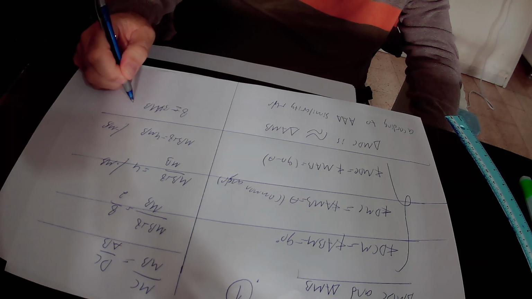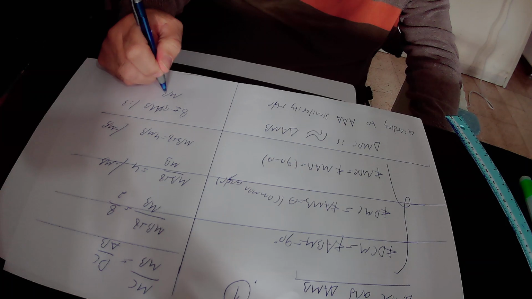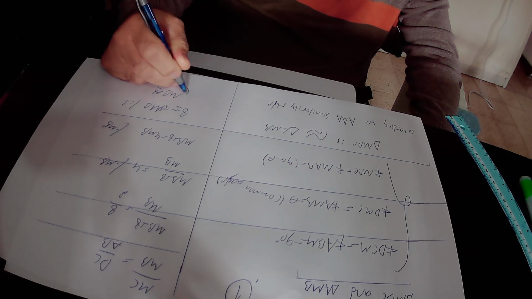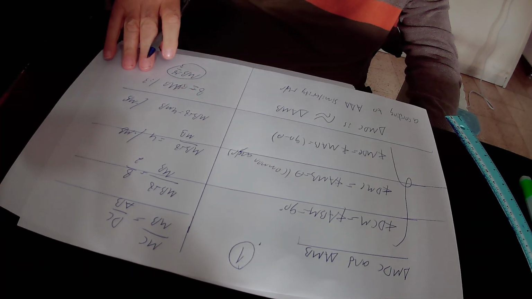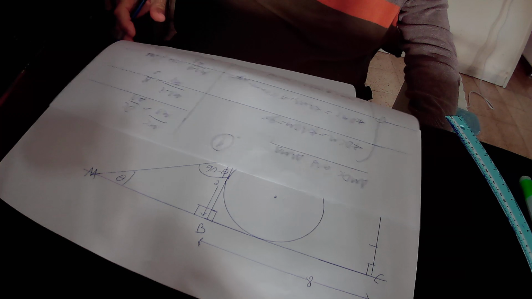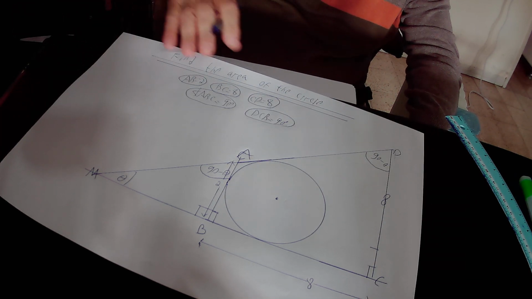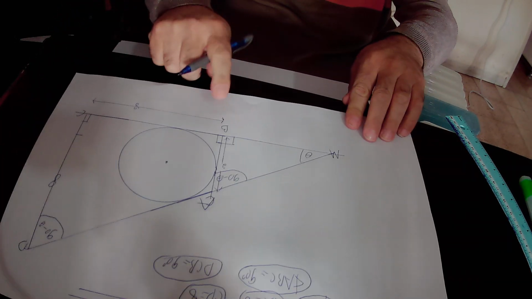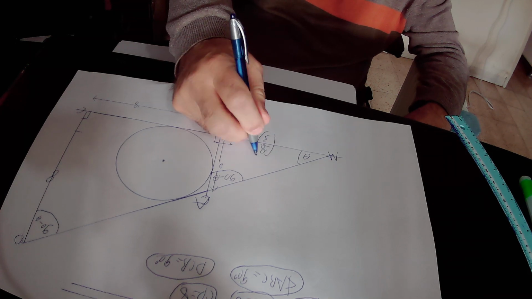We divide this equation by 3 and we get finally that MB equals 8 over 3 units. So here, line segment MB equals 8 over 3 units in its length. I write it down in the original drawing.